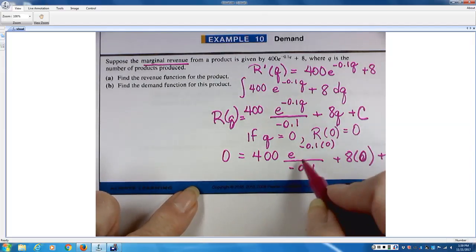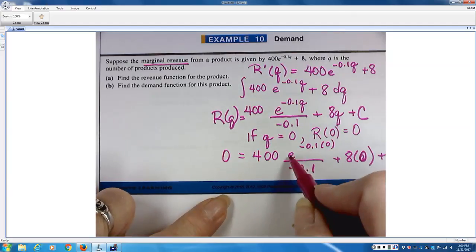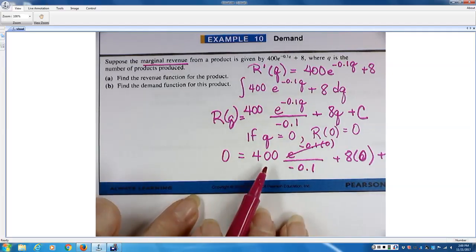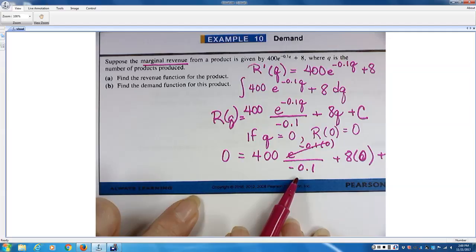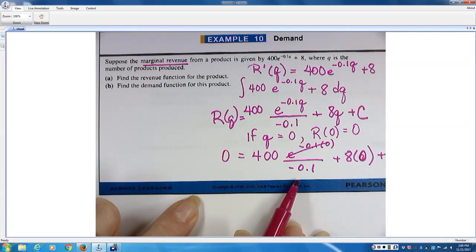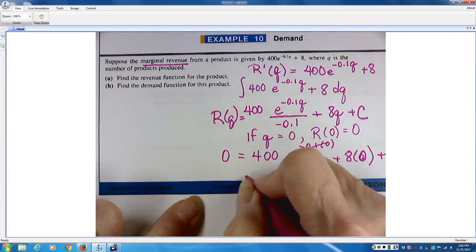And since this all basically is going to become 1, then we're going to have this as negative 4,000, because 400 divided by negative 0.1 is 4,000.